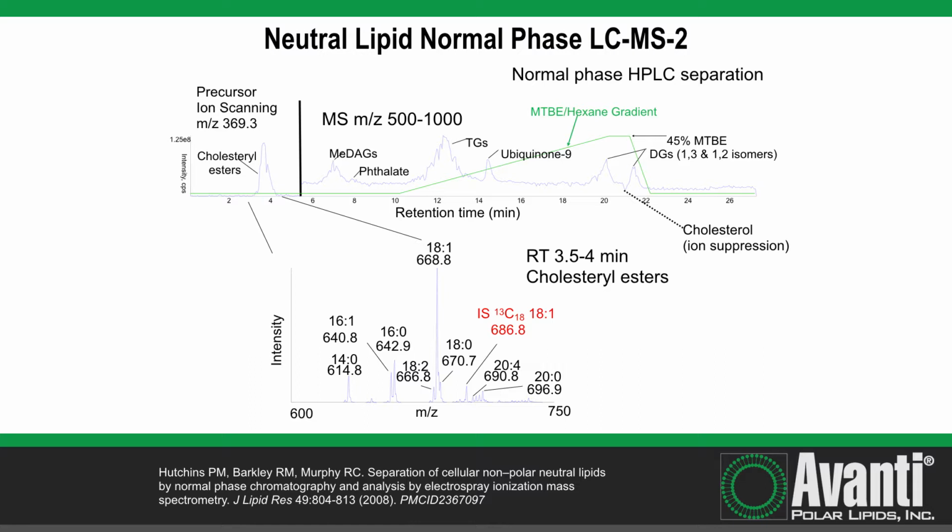Now, one of the problems with shotgun was we couldn't see minor species, and these ether triglycerides, that's what this abbreviation means, MEDAG is an ether diacylglycerol triglyceride. You really would not identify this in a shotgun analysis because it appears 14 mass units separate from normal triglycerides, and so it's an area where you're probably not paying too much attention, and they're pretty small.